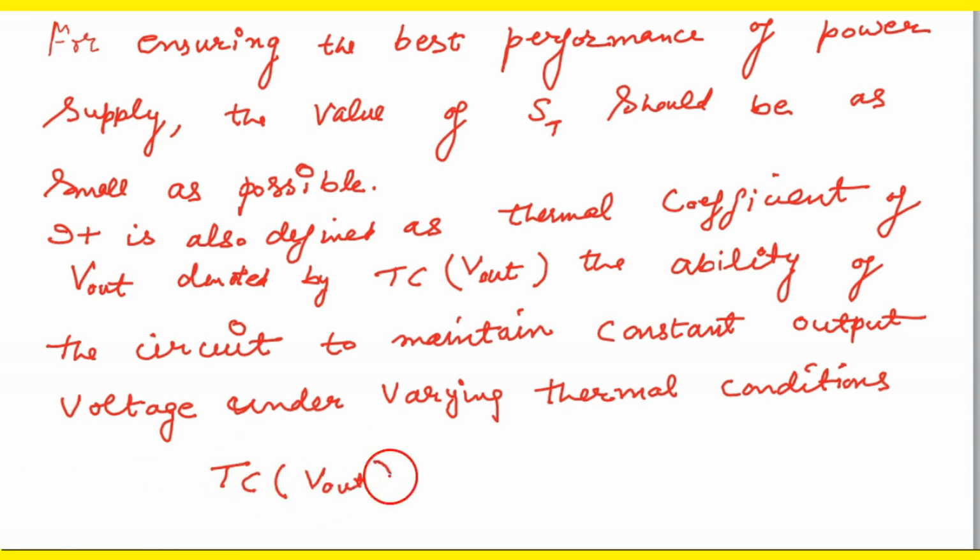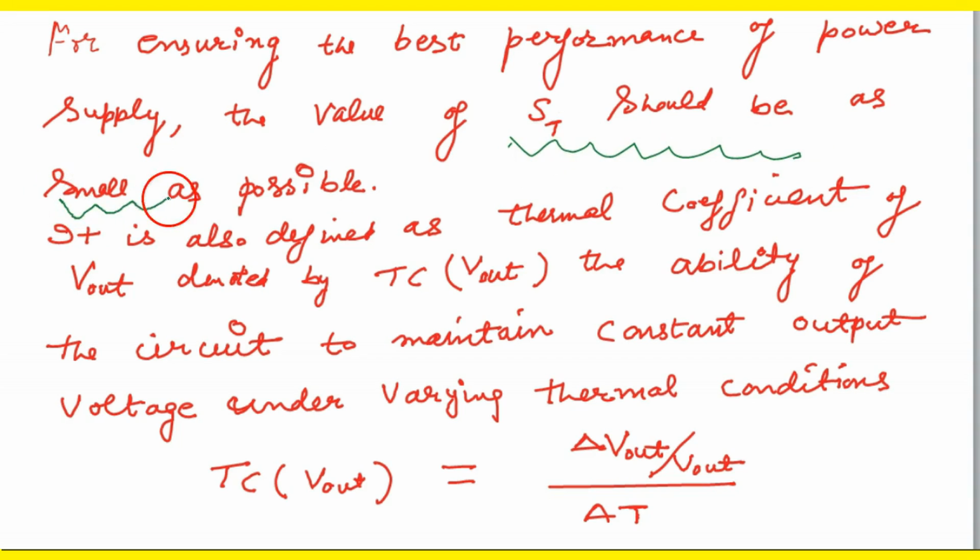Ideally the output remains constant, but in practice the output voltage always changes. So it is defined as delta V out per unit V out over delta T, or you can say the change in output voltage per unit output voltage per unit change in temperature, maybe in Kelvin or Celsius. For better performance, it should be as small as possible.